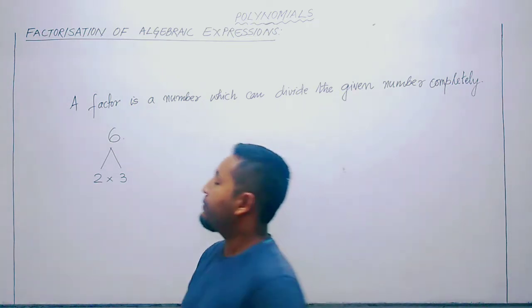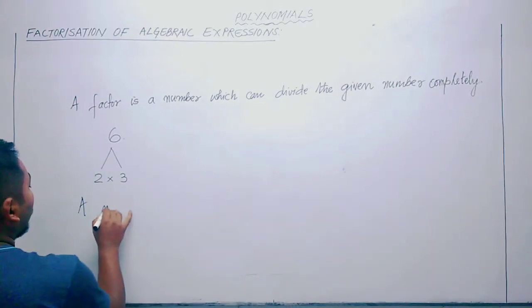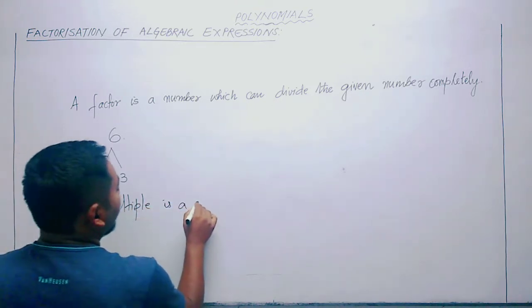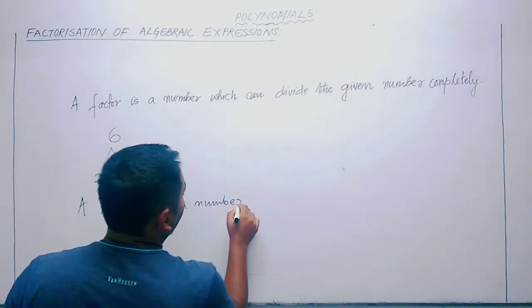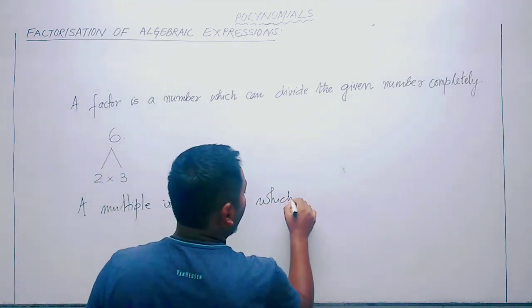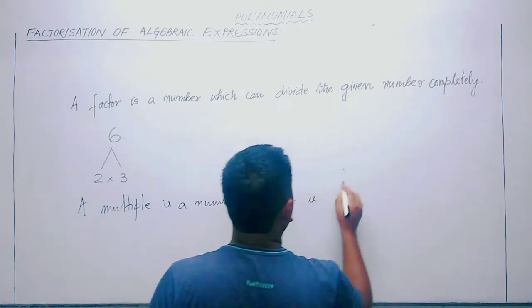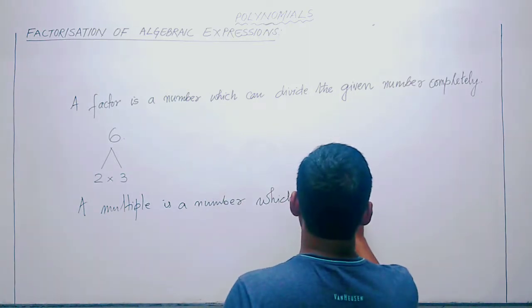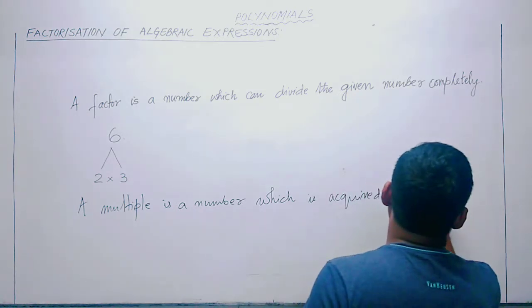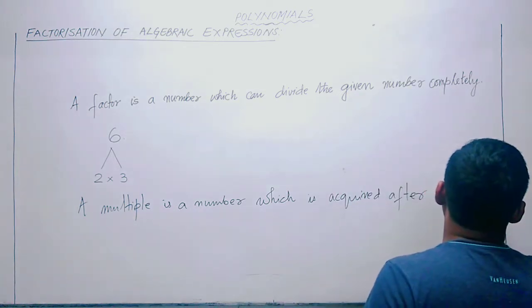Now, what is a multiple? A multiple is a number which is acquired after multiplying.